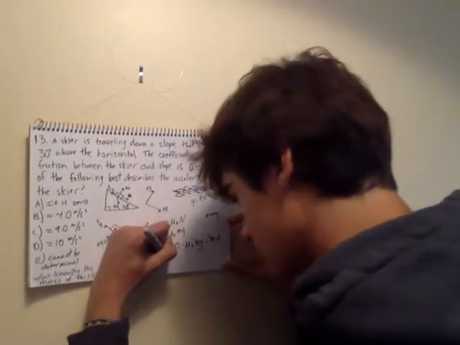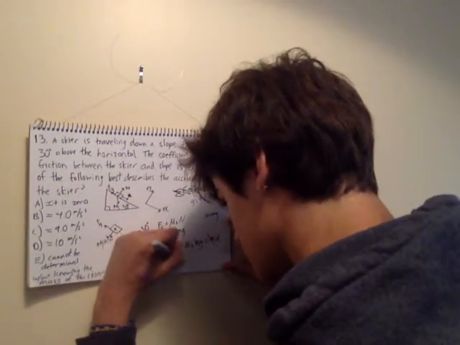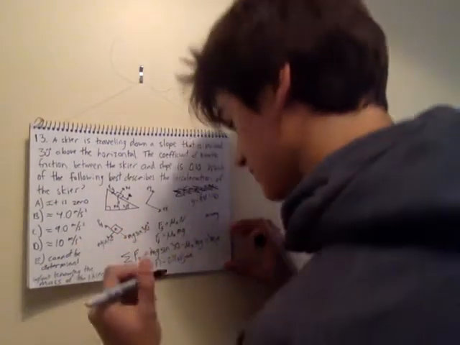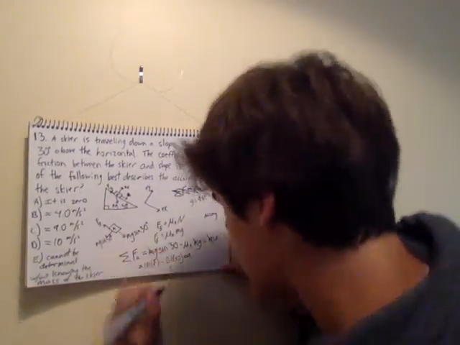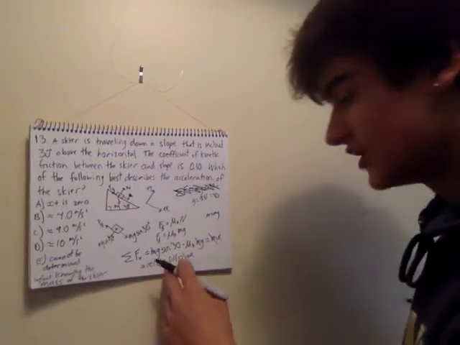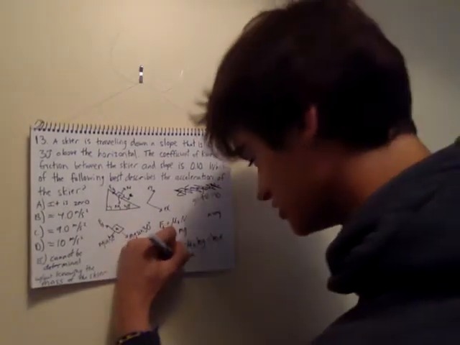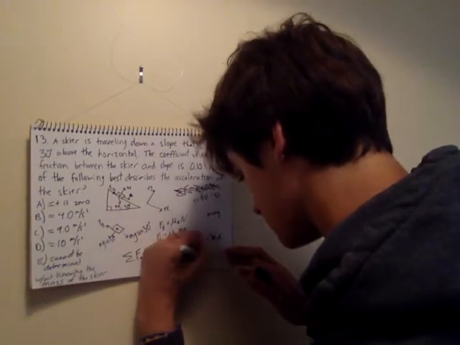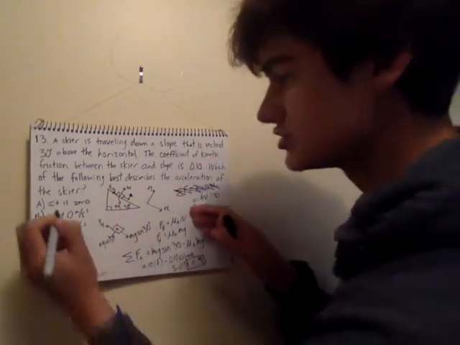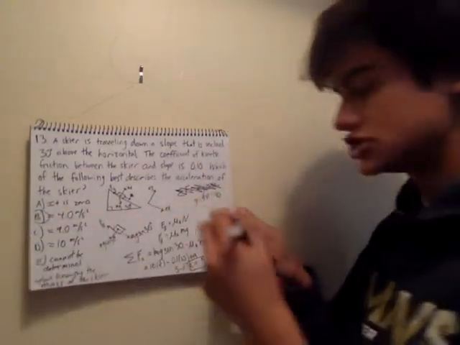So pop that in: 0.1 times 10 is equal to a. Running out of space here. So 5 minus, half of 10 is 5. Now 0.1 times 10 is 1. 5 minus 1 is equal to a, is equal to 4. And there it is. The answer is B.